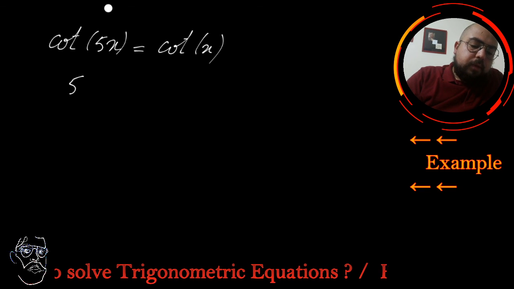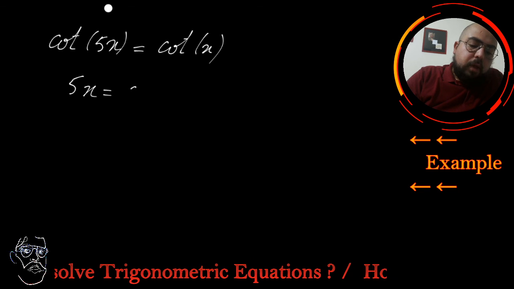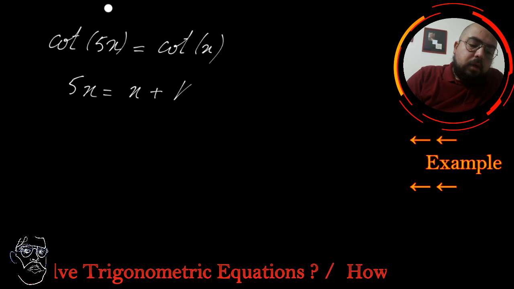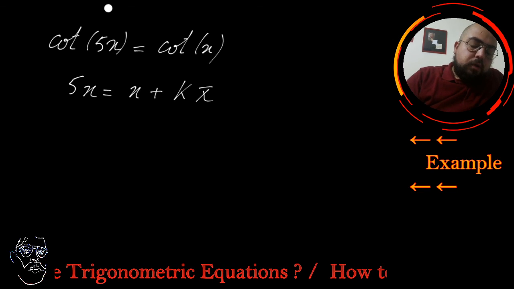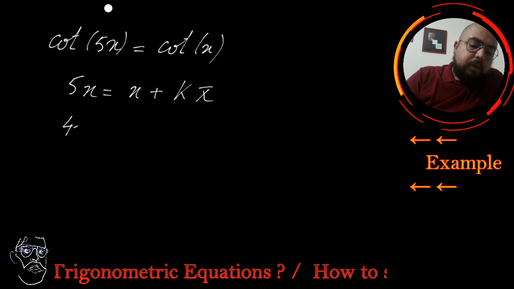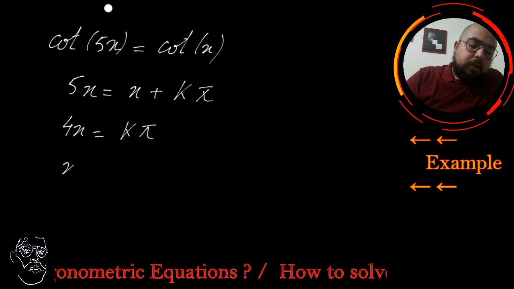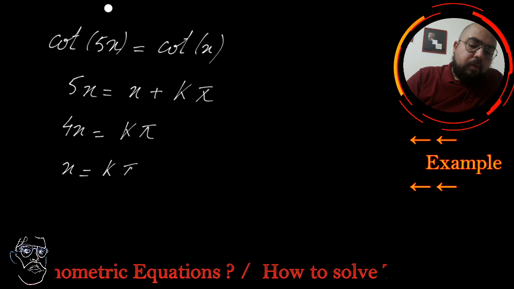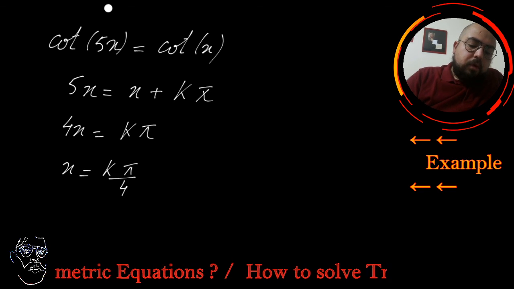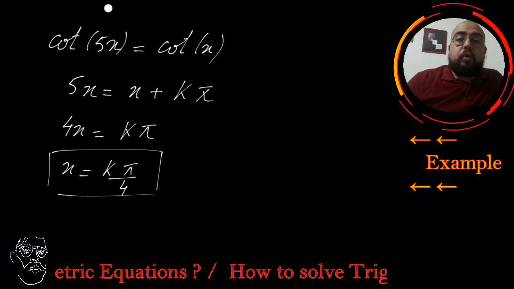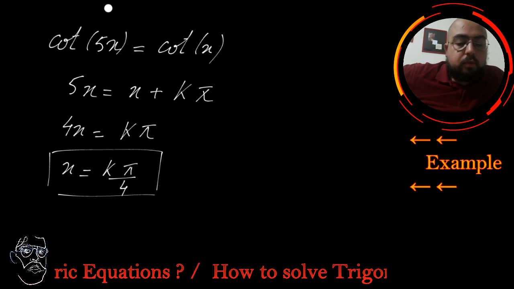You have to say that 5x is equal to x plus k pi. So 4x is equal to k pi, x is equal to k pi over 4. So this will be the root or the solution for this equation.